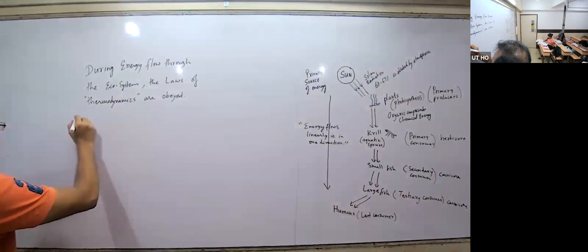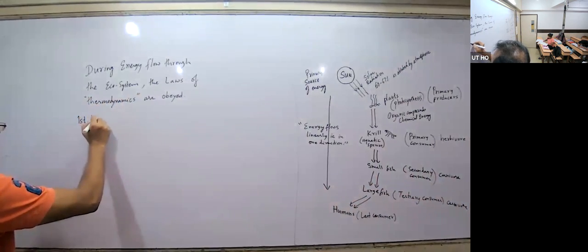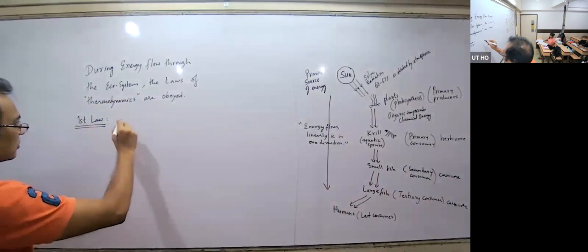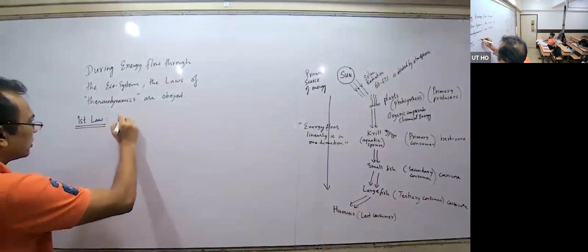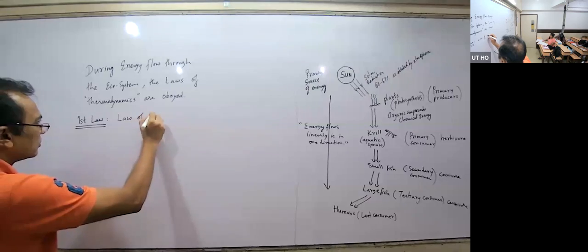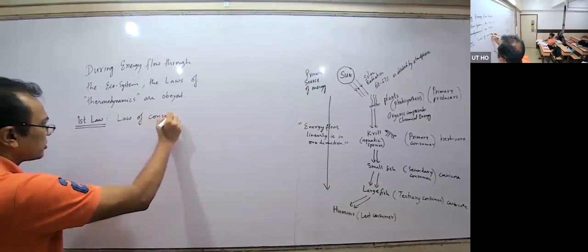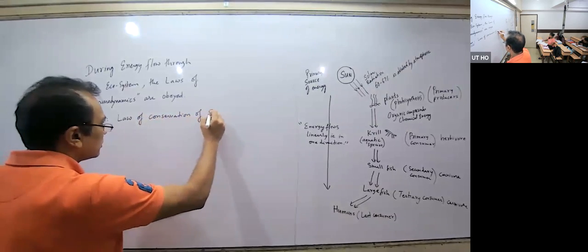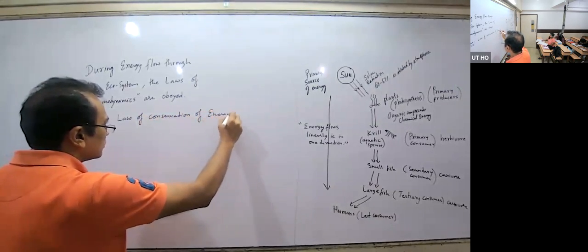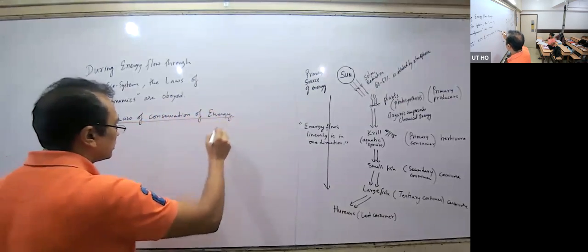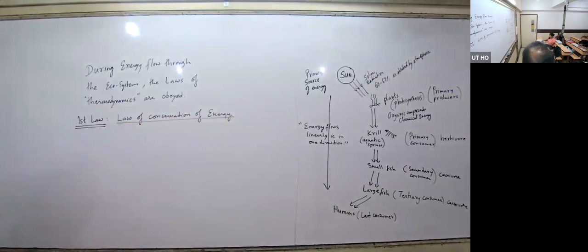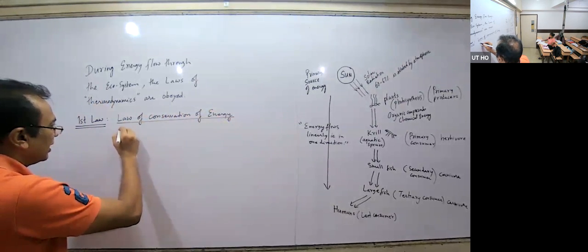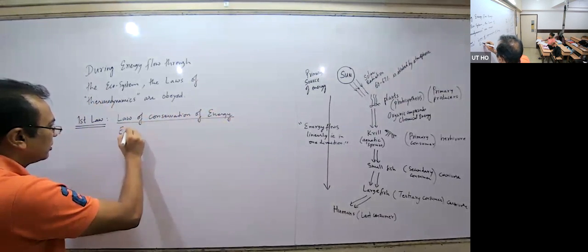The first law is the law of conservation of energy. What does it mean? During flow, energy cannot be created, nor can it be destroyed.